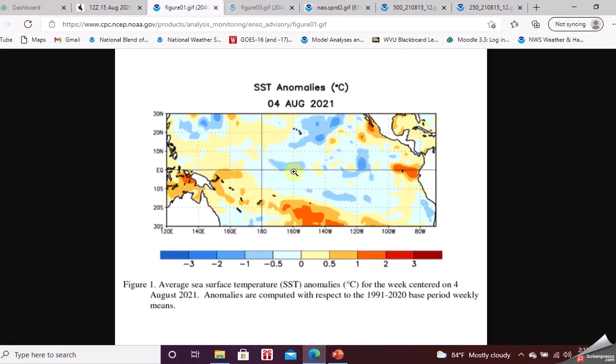These are anomalous temperatures compared to the 1991 to 2020 database. And you can see here, parts of this part of the ocean are well below normal here. So it's actually a cold phase beginning. An interesting thing is we also have buoys that actually reach down and look at temperatures down low in the ocean.